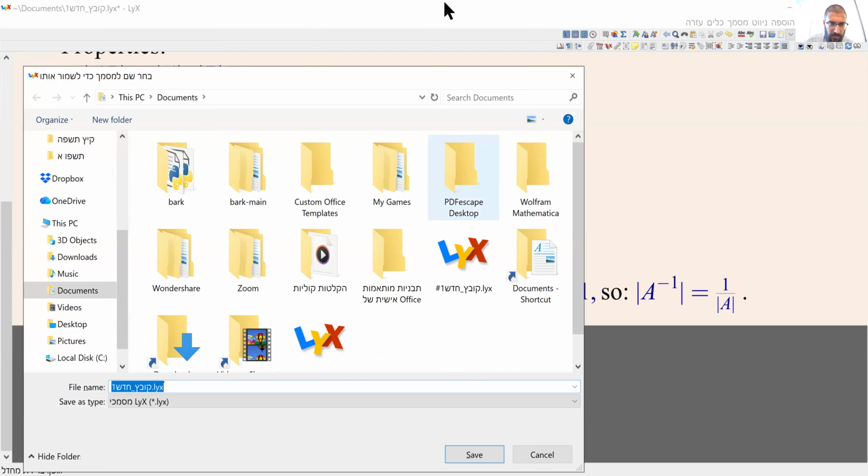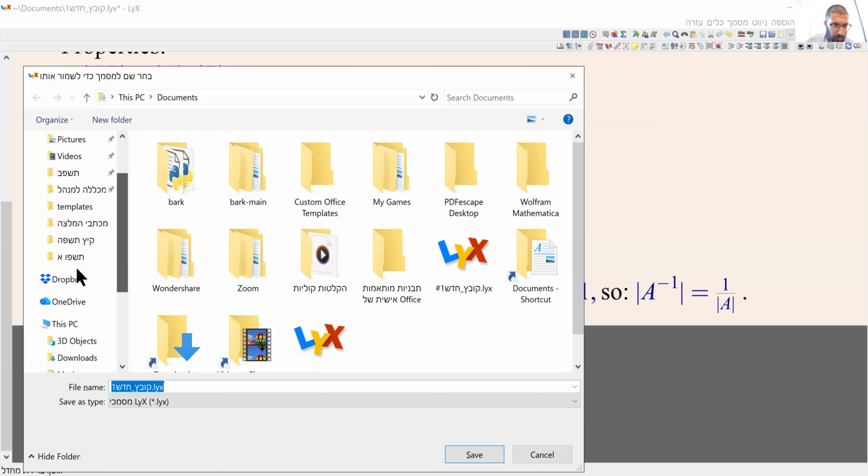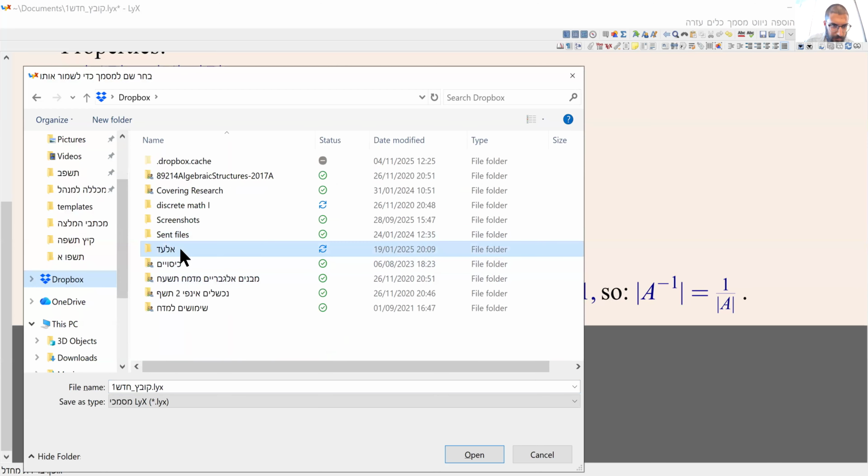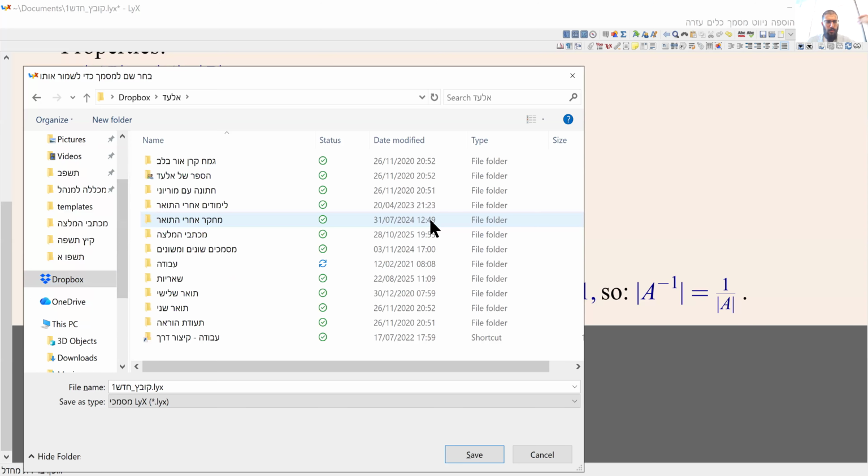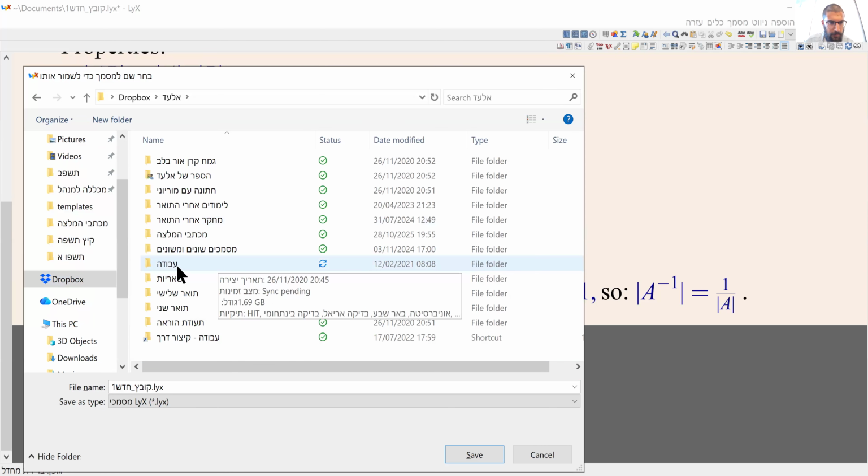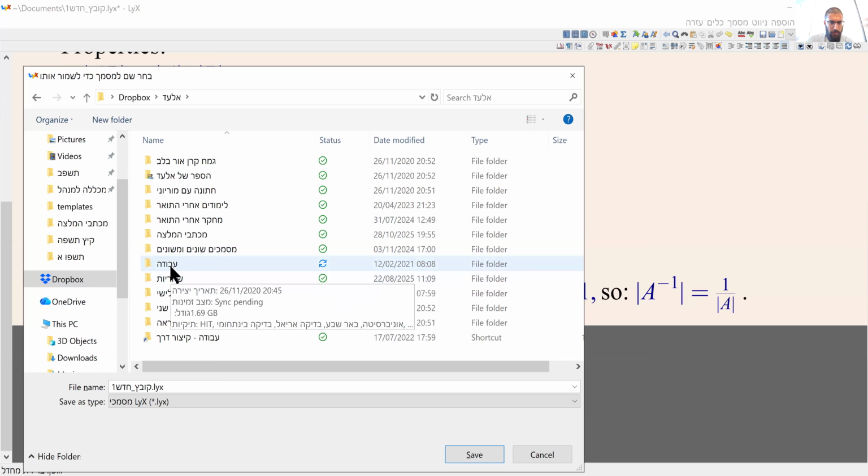Let's save it for if the computer breaks or something. In the first or second semester after the corona broke through to our lives, I was writing down in the lecture through the Zoom.